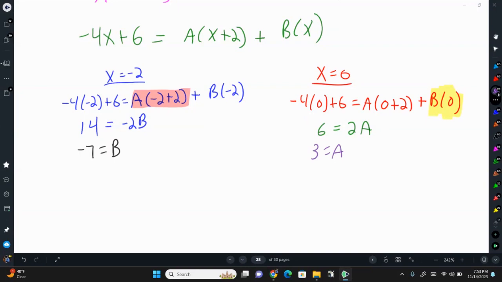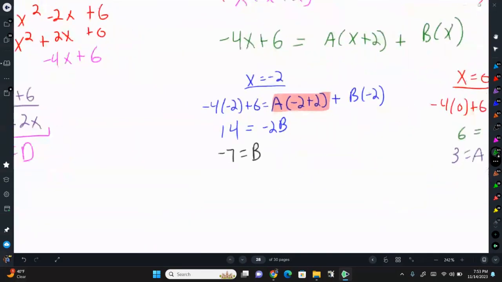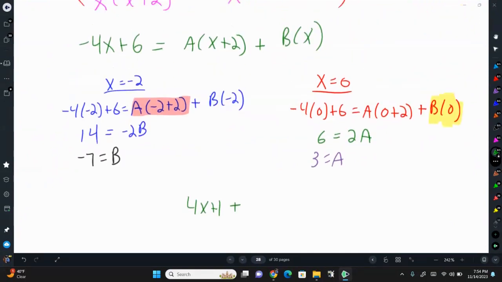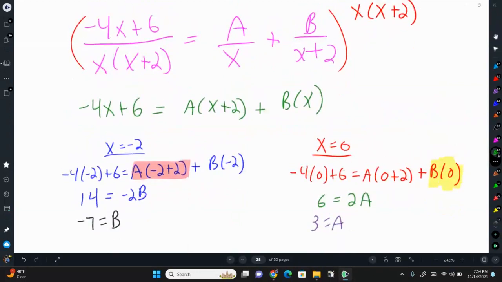So when we write our final answer, we need to remember the 4x plus 1 from our long division. So 4x plus 1 plus our two fractions here with the appropriate a and b values substituted in.